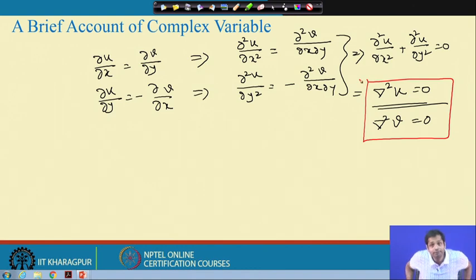Suppose we have a complex function written in terms of u and v, where u is the real and v is the imaginary part. If that function is analytic, holomorphic, or regular, then u and v satisfy the Cauchy-Riemann equations.